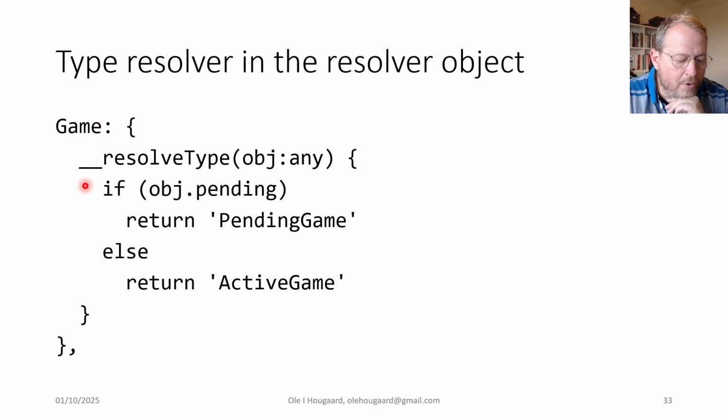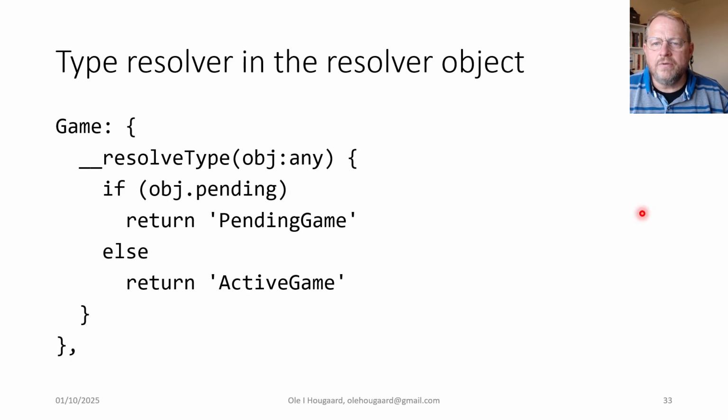You need one called underscore resolve type object. I suppose I could have said game there, but I guess I kept it simple. Depending on the object, I return the name of the type. That's a string. So return the name as a string. In this particular case, this is what I have, right? This is for discriminating unions and so on. So that's what we're doing with it.